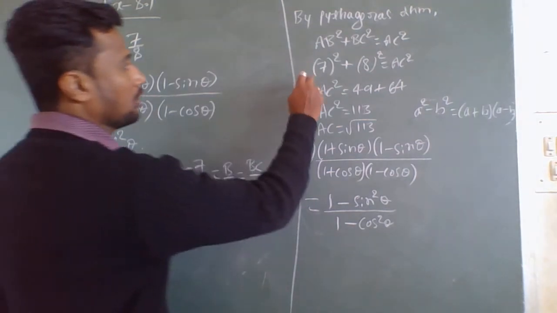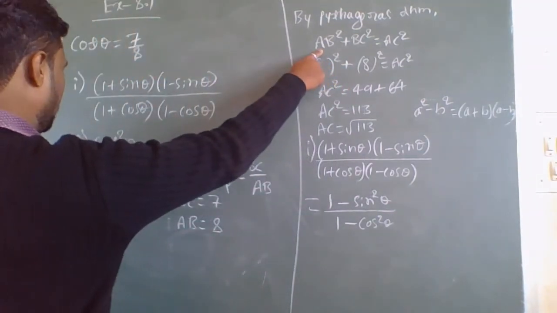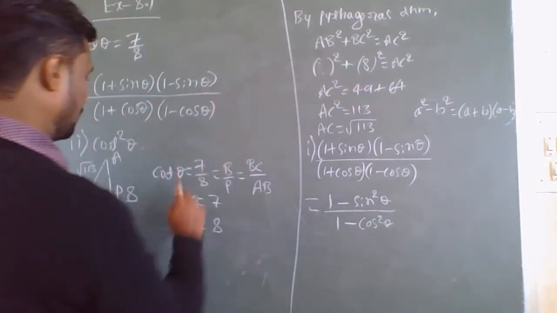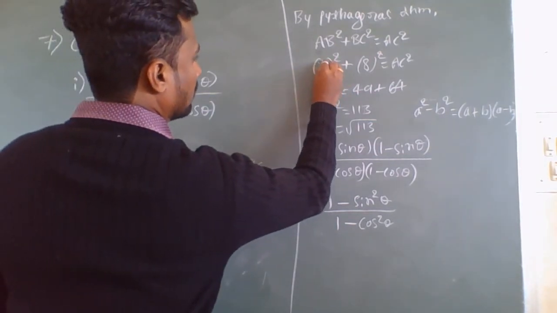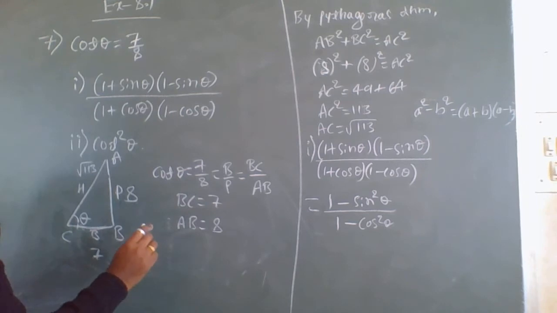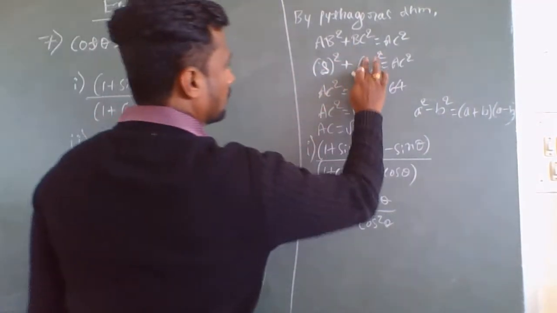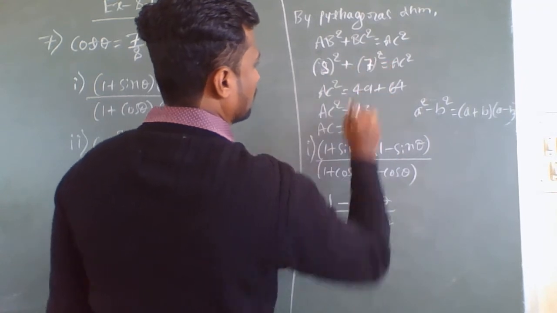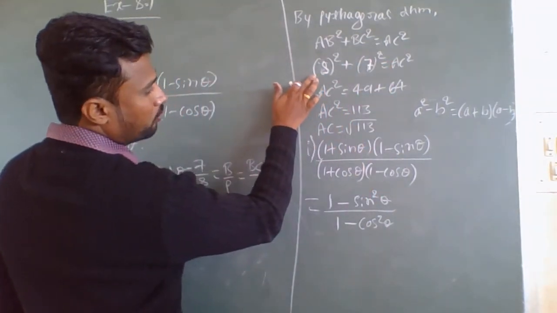So here I will also change this value. The length of AB is 8 and the length of BC is 7 centimeter. Now we will get the same values.